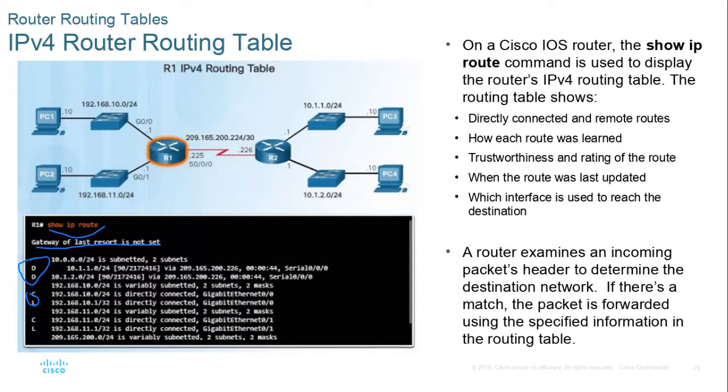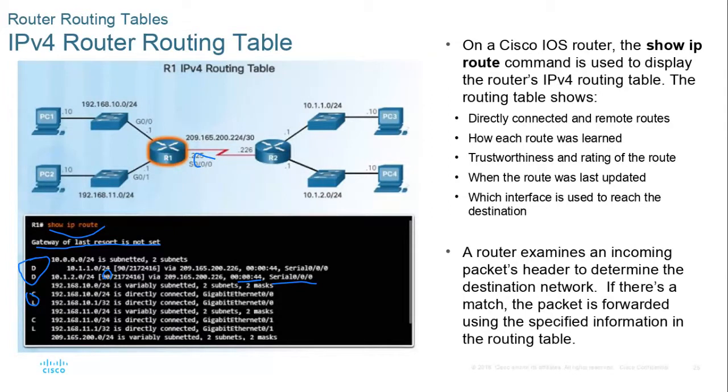In the case of EIGRP, it's the number 90. We know when the route was last updated, 44 seconds ago. And if any packet is received by this router and it's 10.1.2. anything, it's going to go out the serial 0/0 port, this one right here. It'll be transmitted out there to the other router.